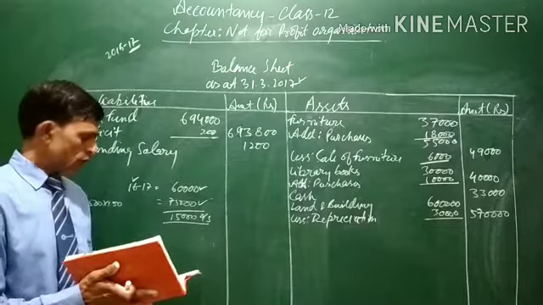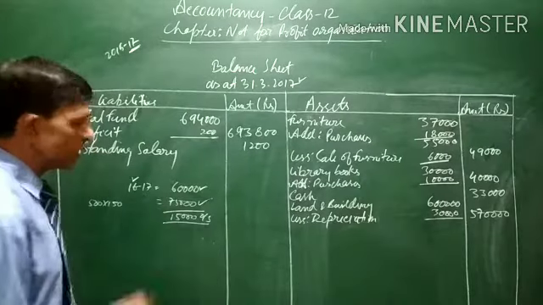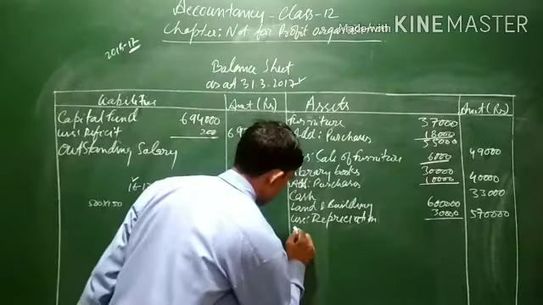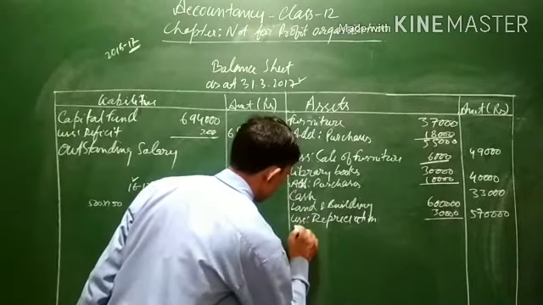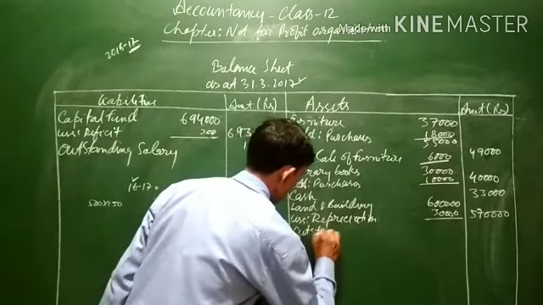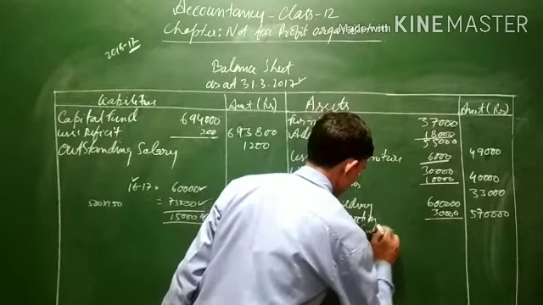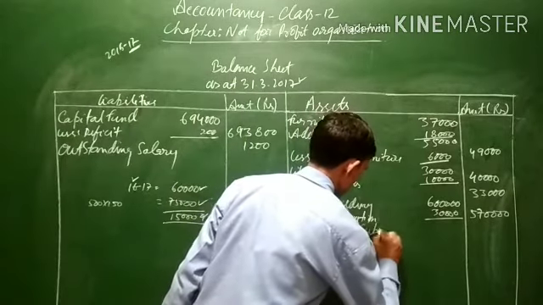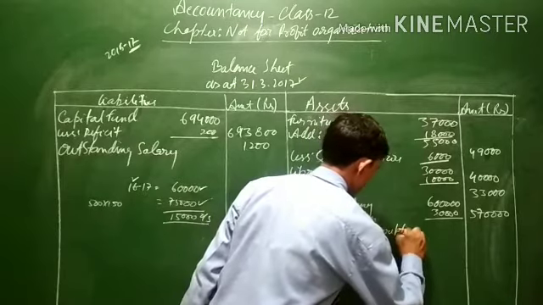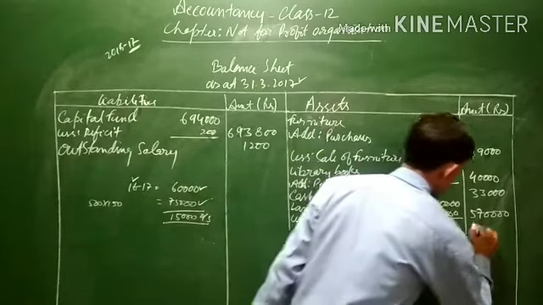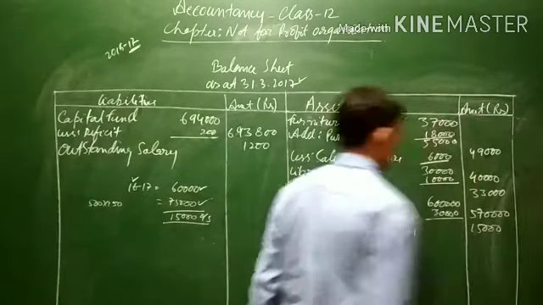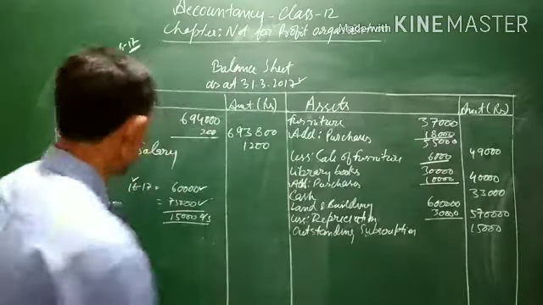So this 15,000 will be considered as an asset for the NPO, written as outstanding subscription.